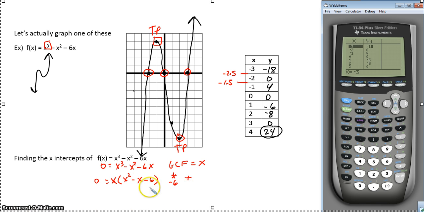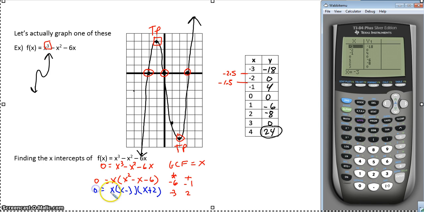Let me start over with that because I don't know where I was getting the -5 from. It's going to be 3 and 2, where the 3 is negative and the 2 is positive. That's better. So this would factor down to be, don't forget to put the x from here, x minus 3 and x plus 2.